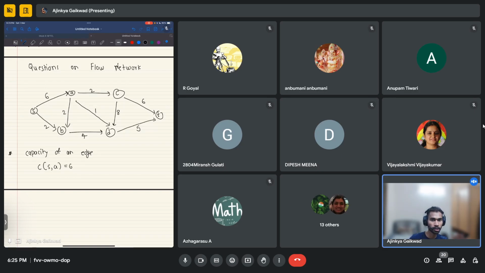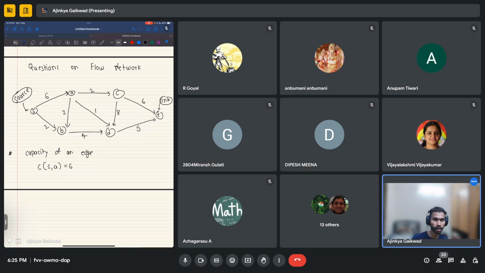There is a vertex S which is called the source, something which gives out whatever is flowing, and then I have a sink, which is T. So S is a source and T is a sink, and you have capacities on these edges. What you have to do is construct a flow from S to T.